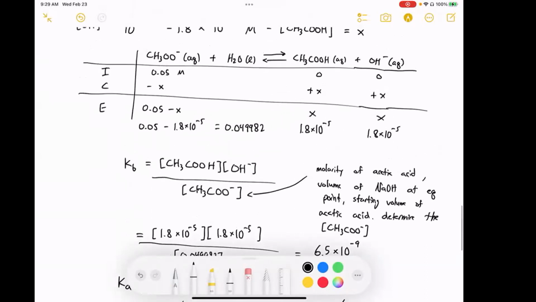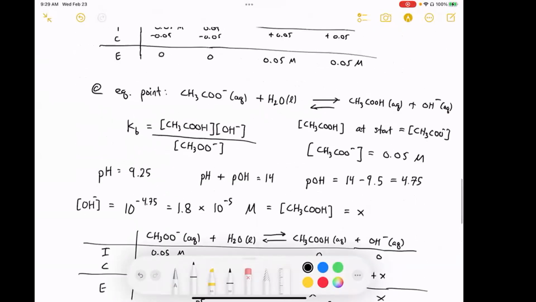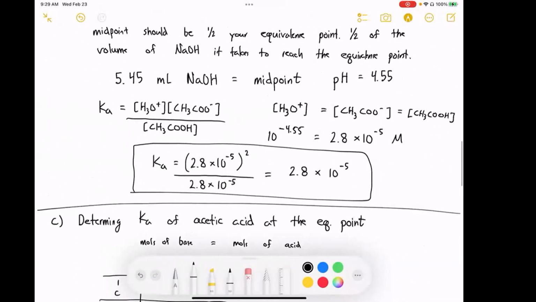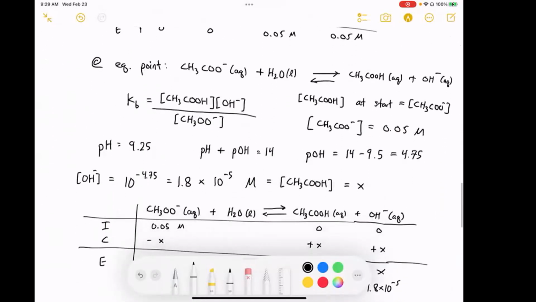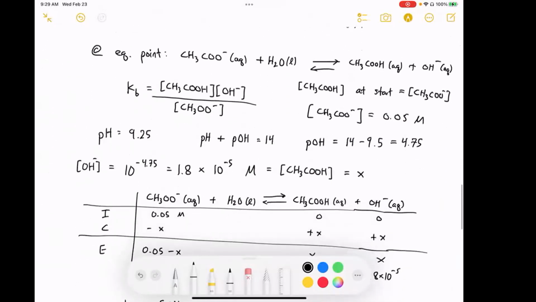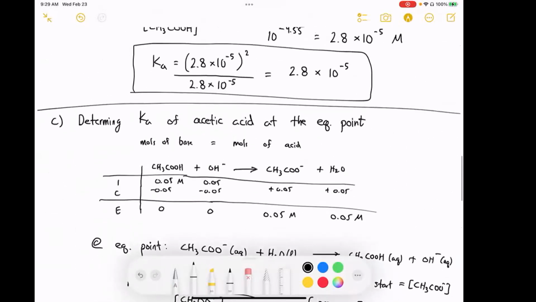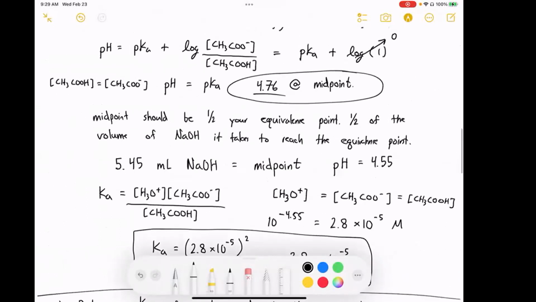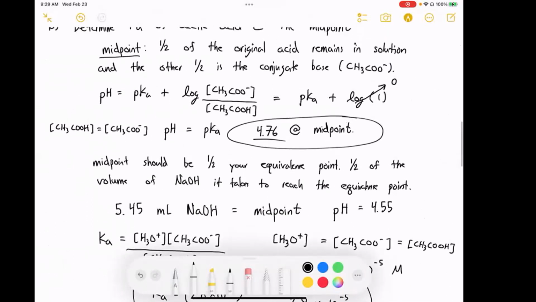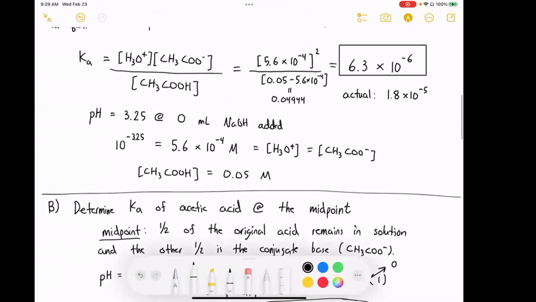So it's not as close as we would have liked. The actual Ka, we actually determined this earlier. The actual Ka should be 1.8 times 10 to the negative fifth.